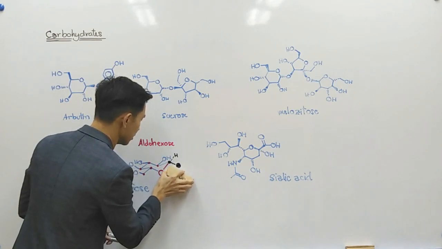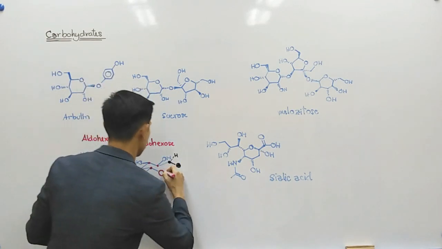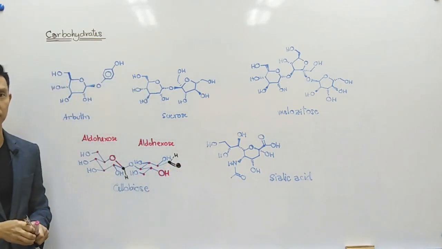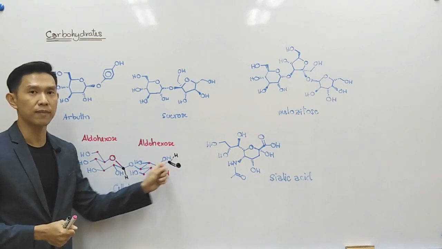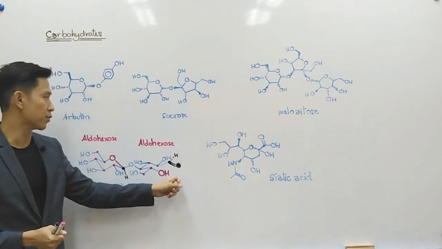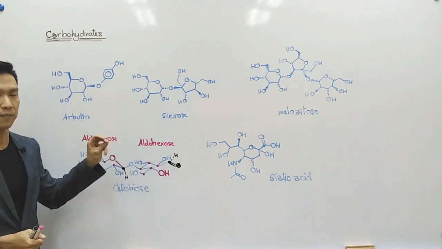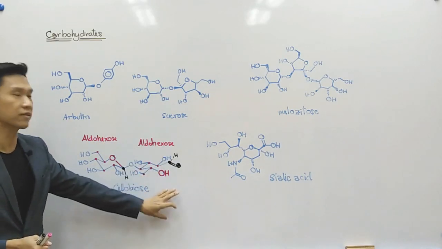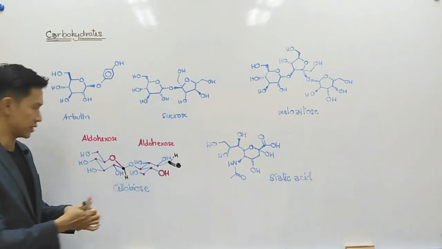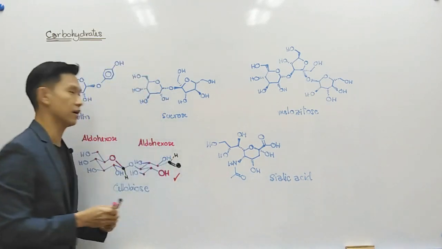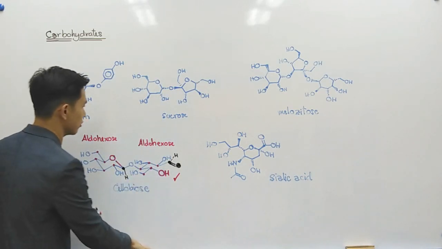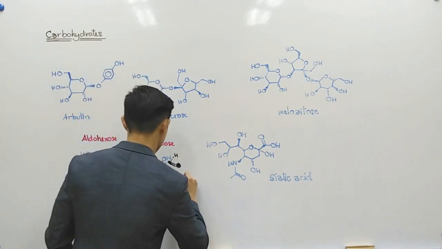So you release the cyclic structure back to the open chain aldehyde, right? Because it can open back to the aldehyde functionality, this one can react with Benedict's reagent, right? So on the right hand, this is a reducing sugar. It can react with the Benedict test. So I will mark this one to say that it is positive to the Benedict test.